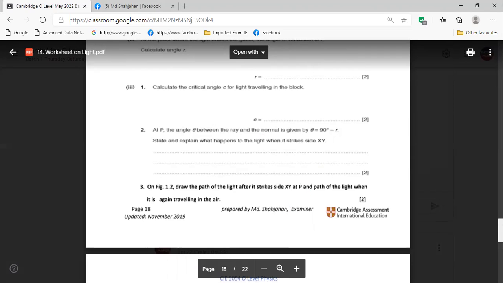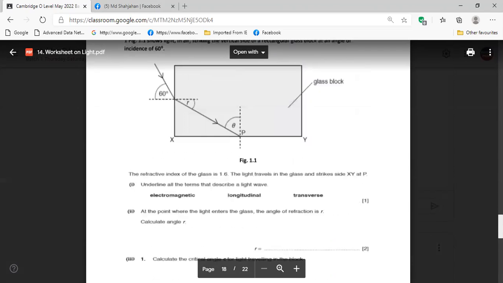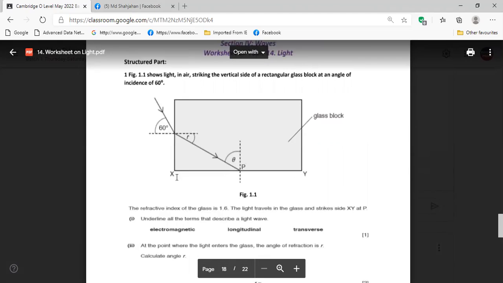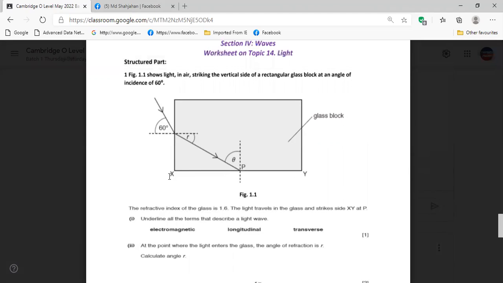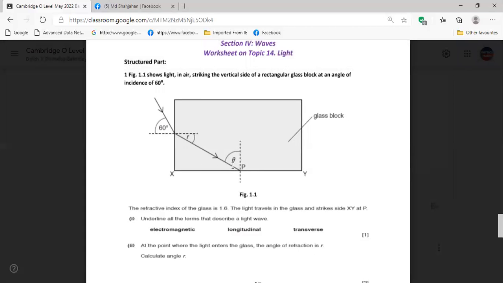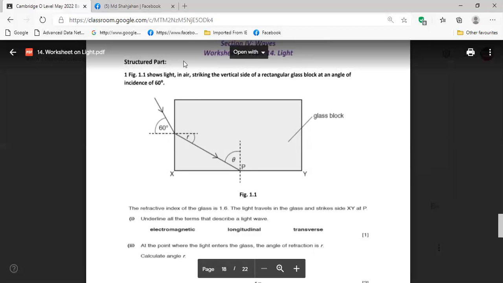Okay, so we look at the diagram, we'll understand then. Look here, we have XY, this surface, right? And they are saying theta equals how much? 90 minus r. Yes, we write it here.